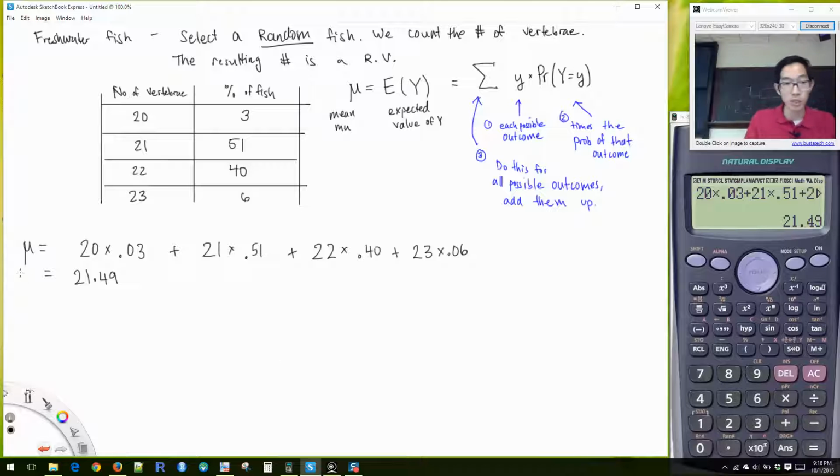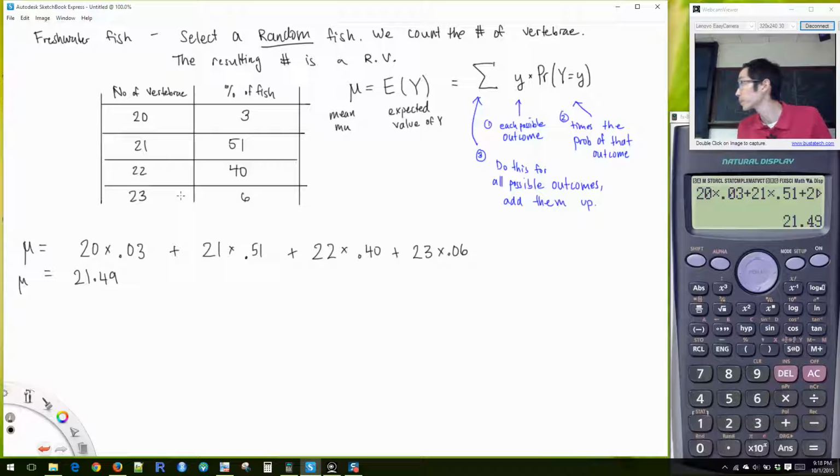So my mean, mu, or my expected value of y, is 21.49. This is coincidentally very close to what I would have gotten if I added these up and divided by 4, but it is distinct from that. Depending on the situation, you might get a number that's close, but it is not the same. You cannot just add them up and divide by 4.